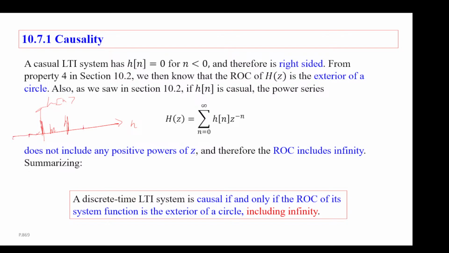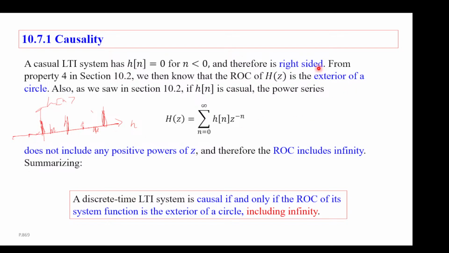So it only has values when n is greater than or equal to 0. It's something like this. And this is right-sided, which means that you might extend to infinity to the right side, but more importantly, it has a boundary on the left side. So it only started at some time, and here is n equals 0.